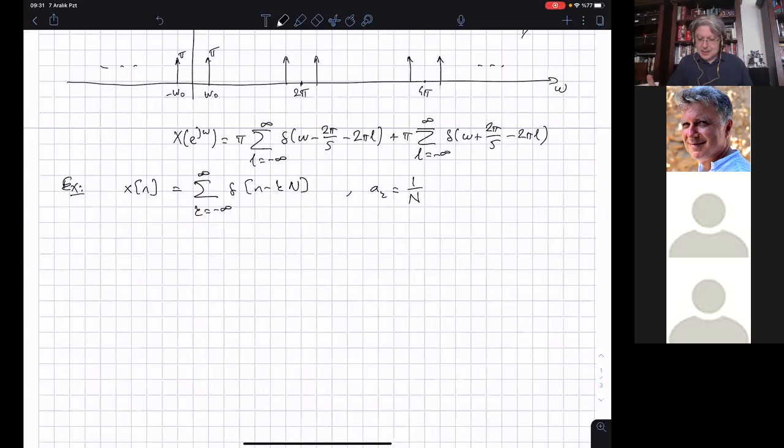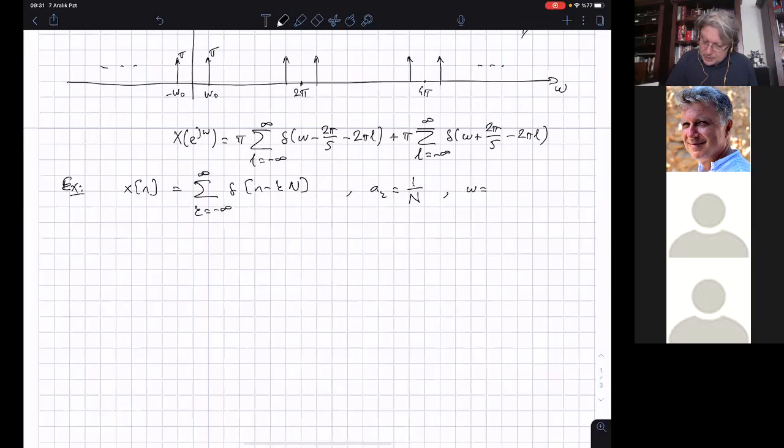So what is the Fourier transform then? You have to think of or associate the Fourier series coefficient value with the corresponding frequencies. And I'm telling you that for all the harmonics, a_k is 1 over capital N. So what are the frequencies?